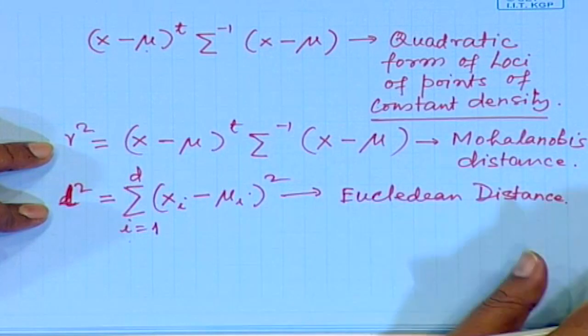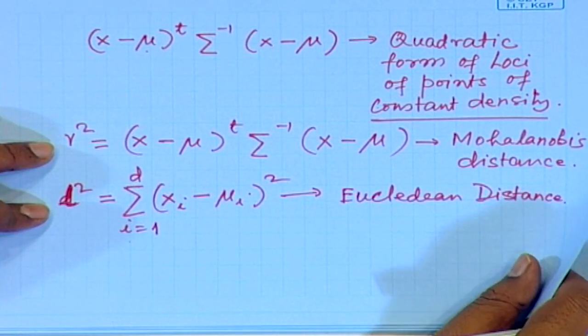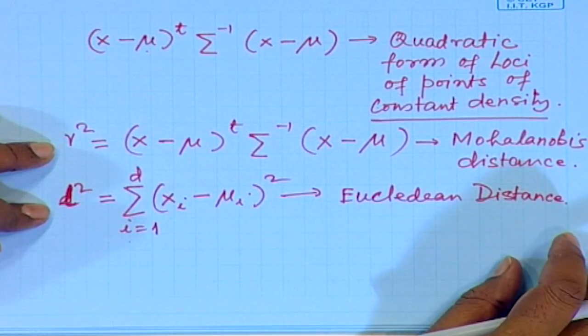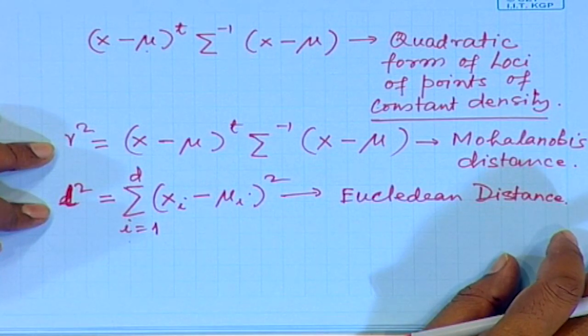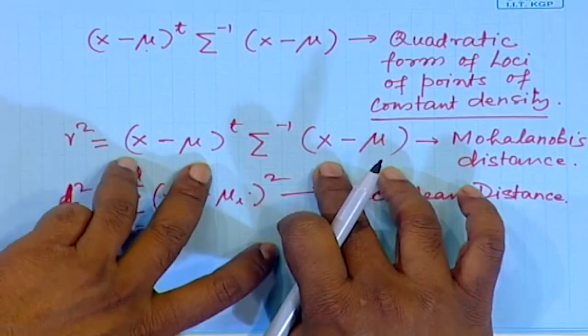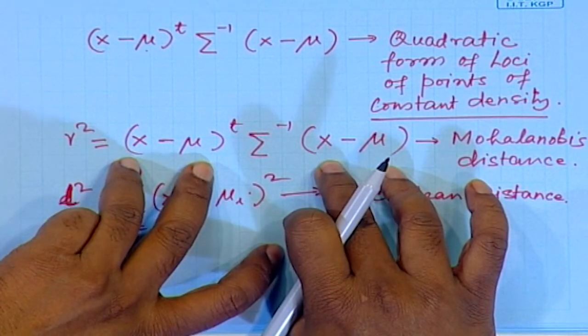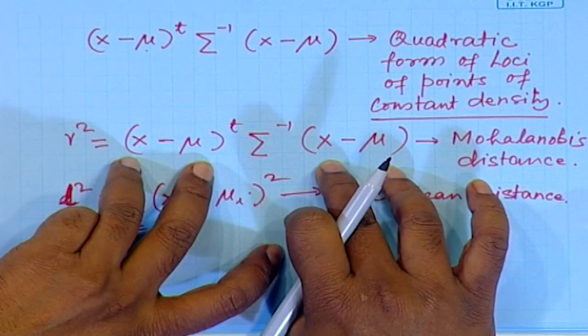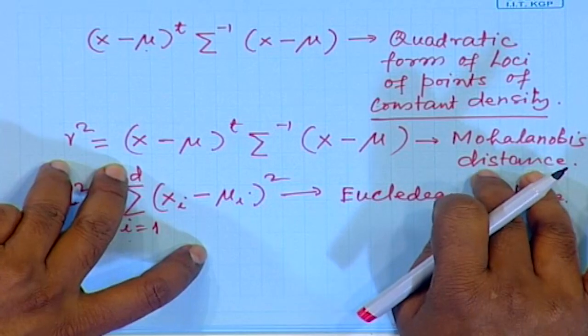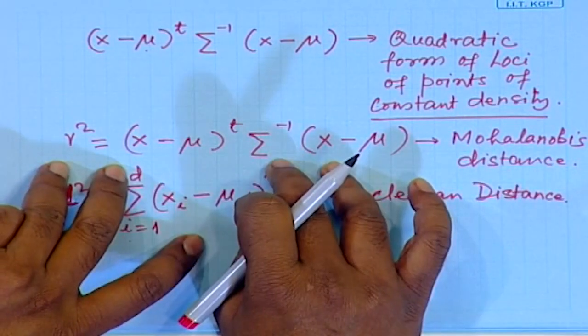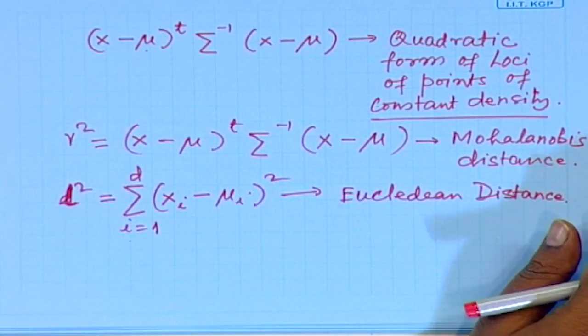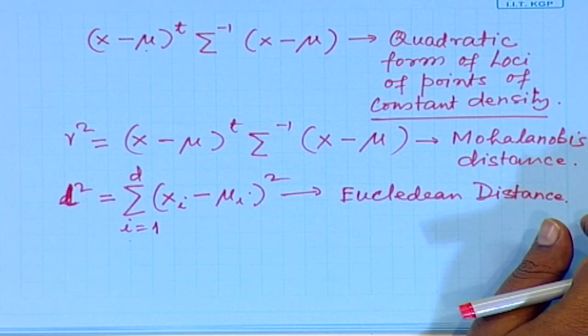So, this is what is called Mahalanobis distance. Its square is a quadratic term, (x minus mu) transpose into (x minus mu). The distance is r. The expression is given by this. That is quite obvious.